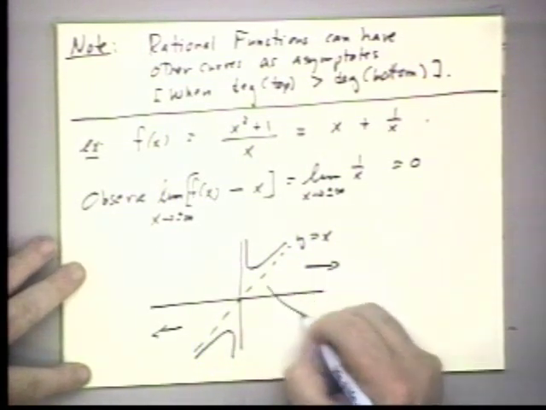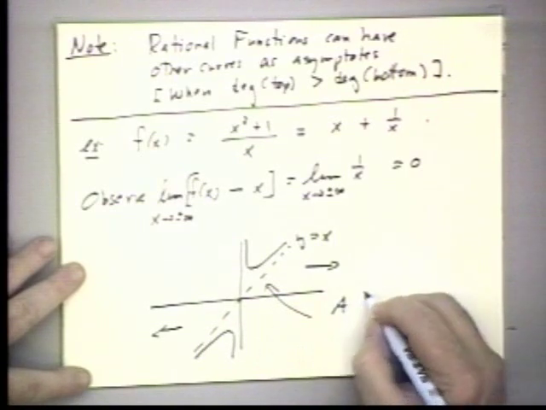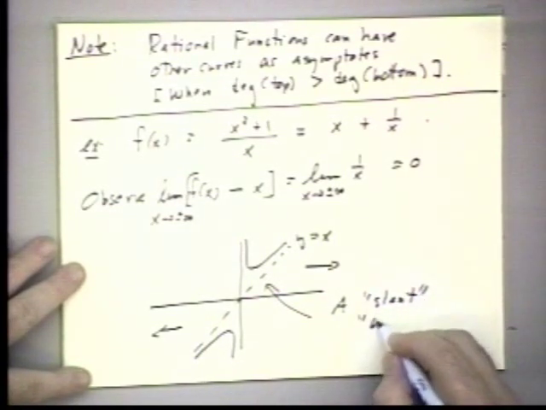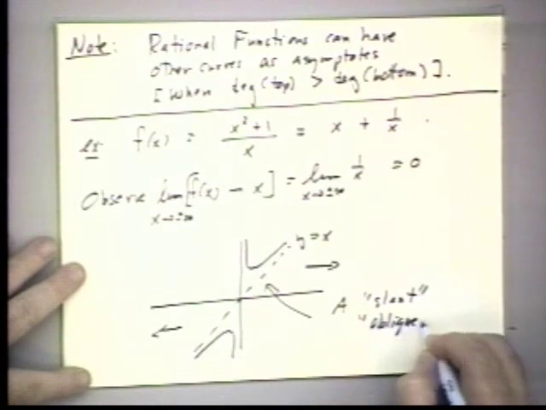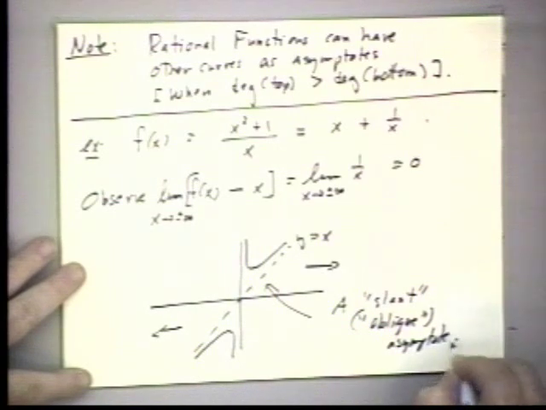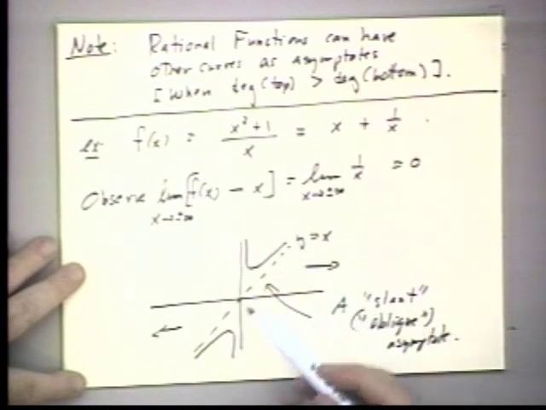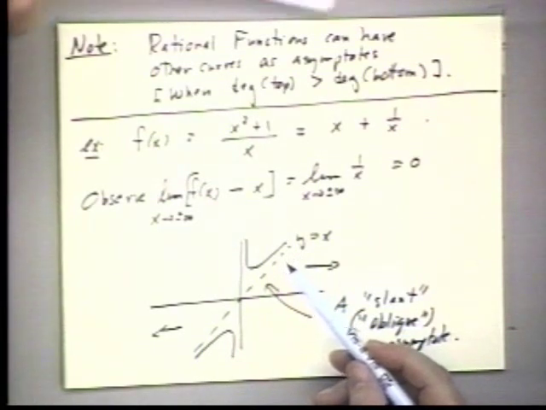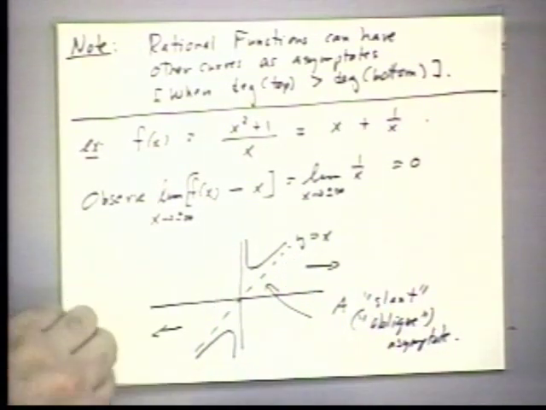This is sometimes referred to as a slant asymptote, or sometimes it's called an oblique asymptote, if you like that word. And that means it's a line that's not vertical or horizontal, that the curve is nevertheless approaching as x gets very large or very small.